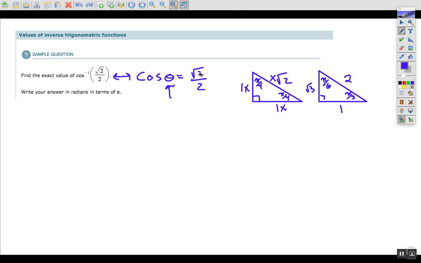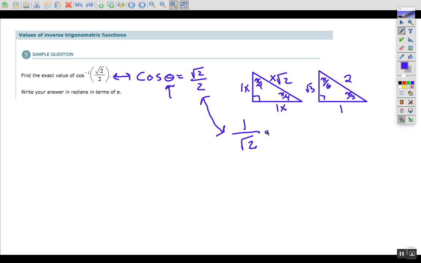So then we see, okay, we have adjacent over hypotenuse. If I look at one of these angles, adjacent is 1 over hypotenuse, square root of 2. Well, that doesn't look exactly like that. But remember, you can rationalize the denominator.